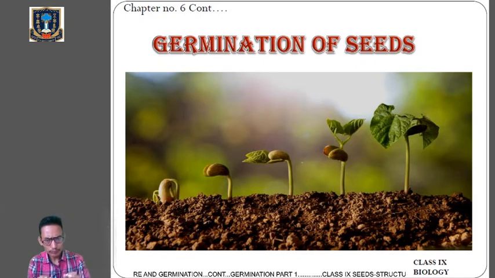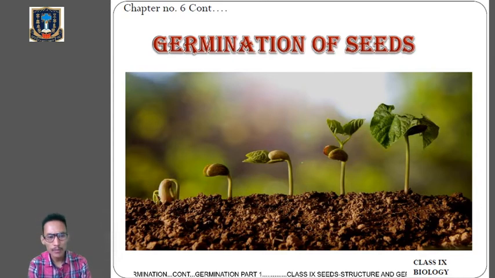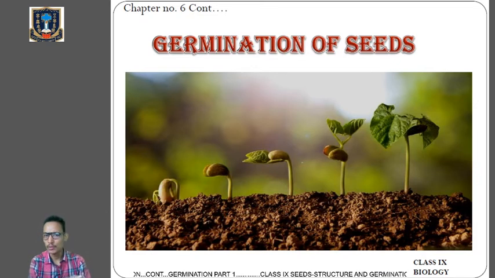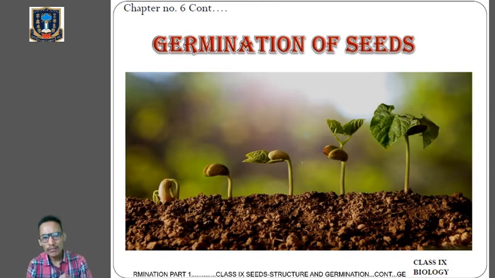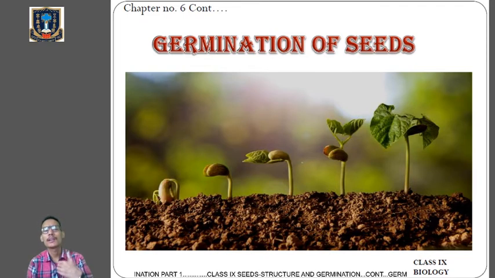When we observe the seed from its external appearance, we see that the seeds are inactive, without life. There is no sign of life from the outside. But internally, a lot of chemical reactions are going on which we cannot see.